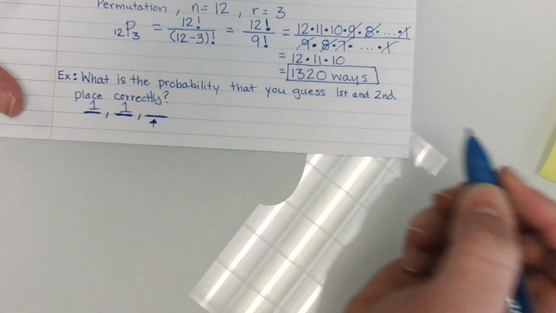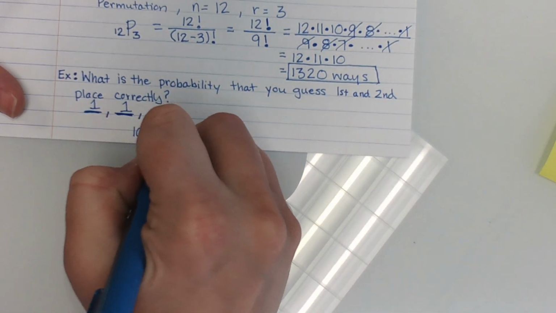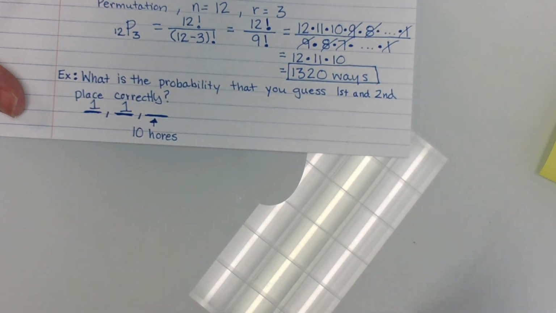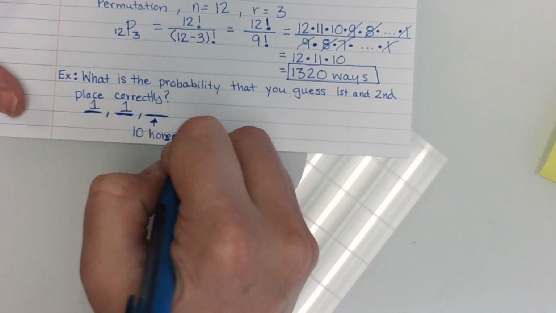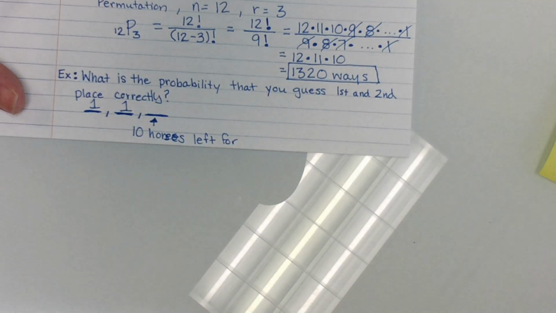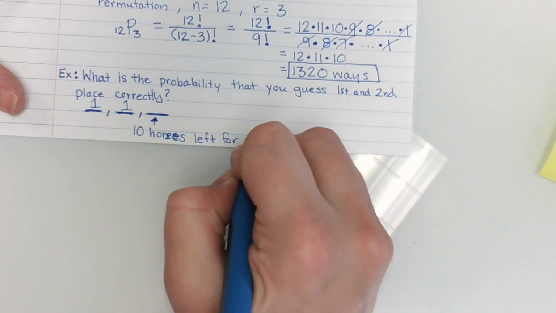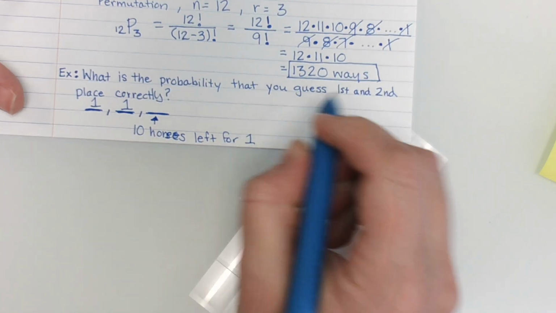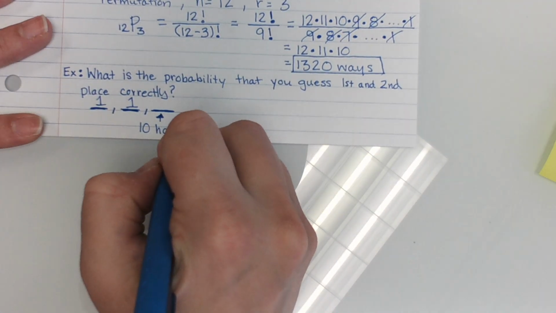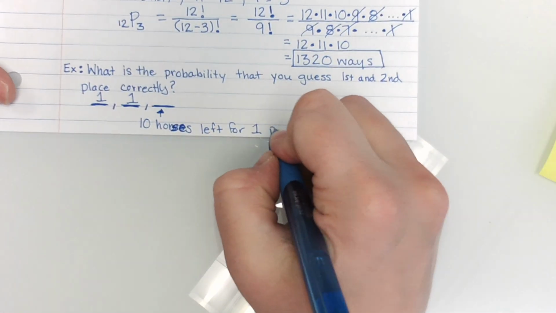How many horses are left? 10 horses left. For how many places left to fill? 1 place left. So we've got 10 horses left for 1 place.